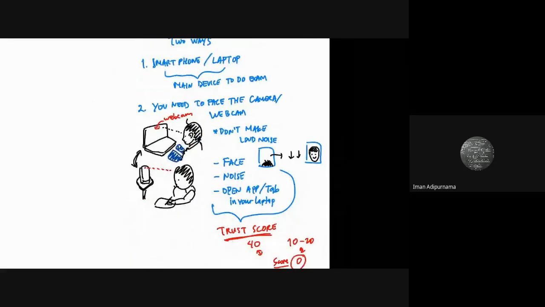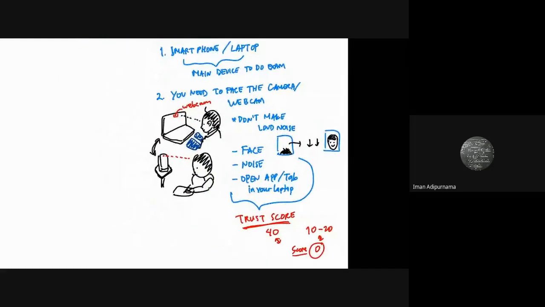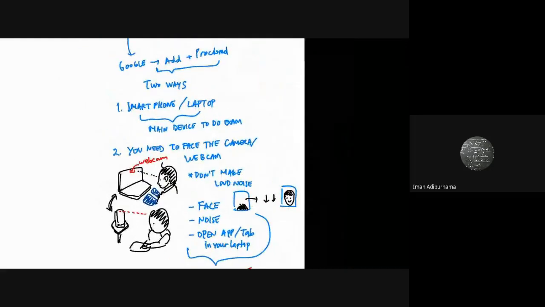So all the details are probably like this. You need to be prepared. You are using smartphone or laptop, it's up to you. It's up to you which one you are going to use.